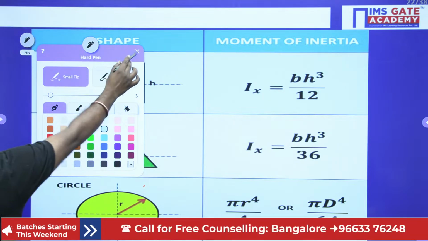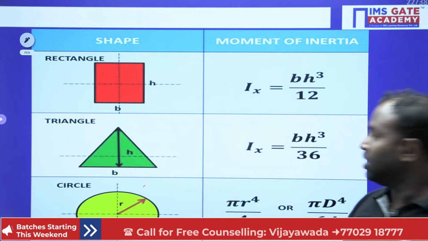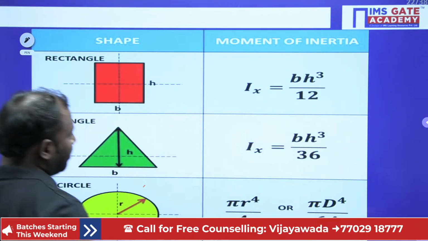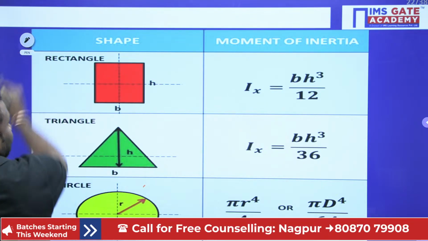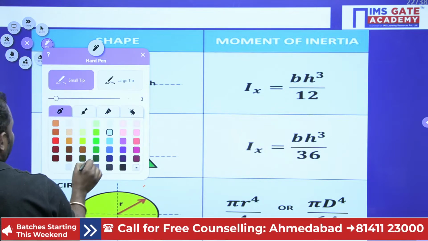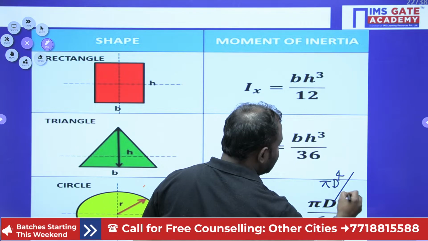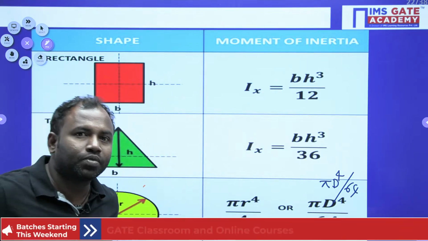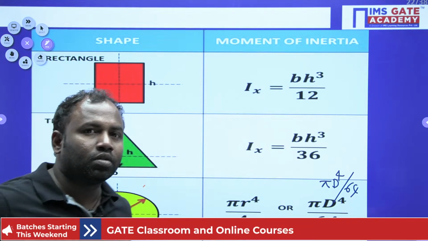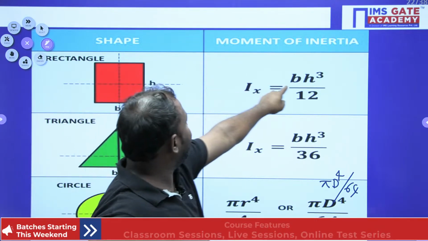For a circle, it is pi d power 4 by 64. Now see that for a rectangle, the moment of inertia is b h cube by 12.